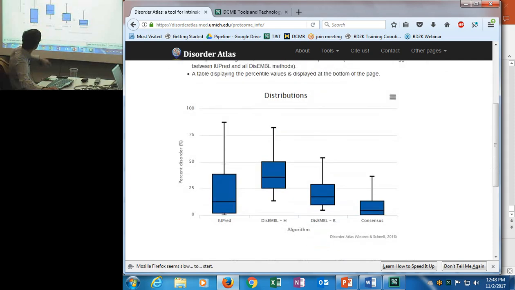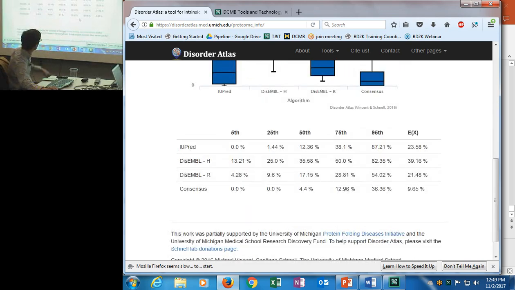So it will give you the distribution for each one of the disorder, and it will give you as well the consensus between all the residues that are common between each one of the predictors. It will give you the percentage where they stand. It will give you a table as well with those, and in addition to that, it will give you what is expected value.